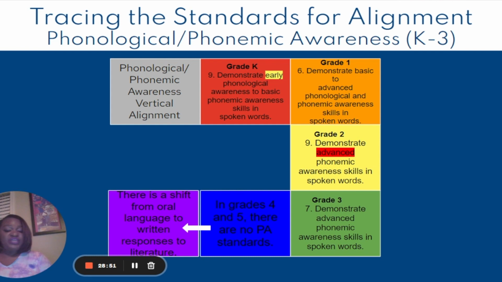And then once we look at the standard in grade 3, we do want to note again that the expectation is the same on that level for this particular standard. So our second grade students have another opportunity to master the skill of demonstrating advanced phonological awareness skills in spoken words.